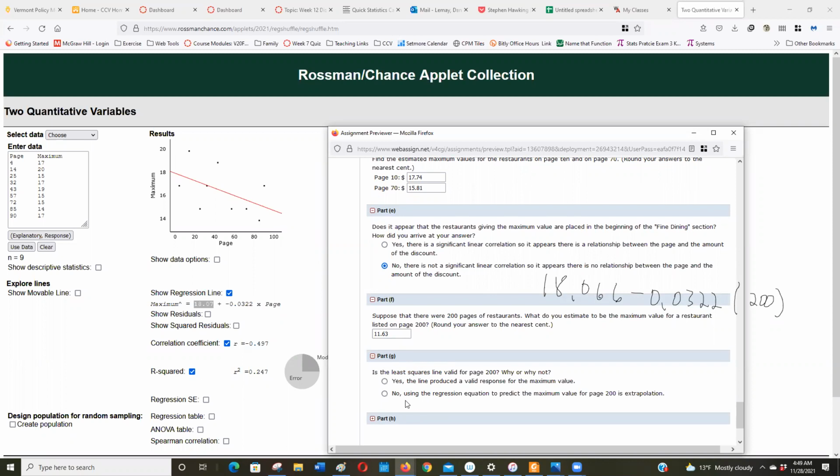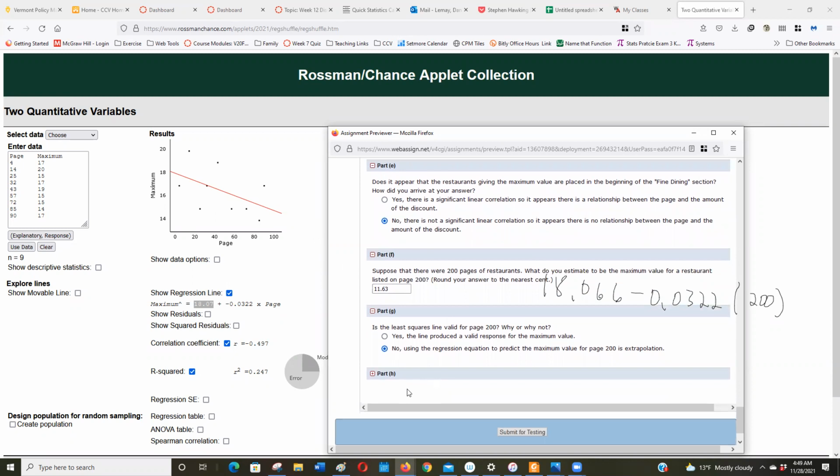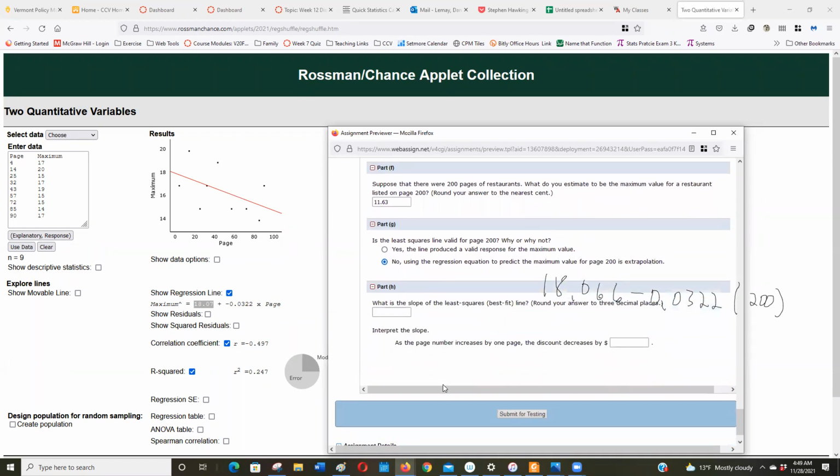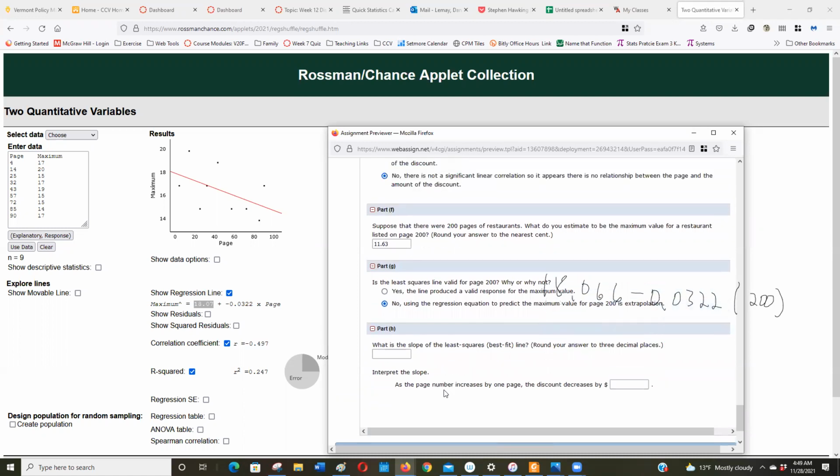No, it's not, because that is extrapolation, and we don't know if that linear model still holds. Actually, it didn't hold for the low values either because of the low correlation. But I'm looking for you, the one I gave you in the exam has pretty significant linear association. So it would be valid, except because it's extrapolation, it wouldn't hold.